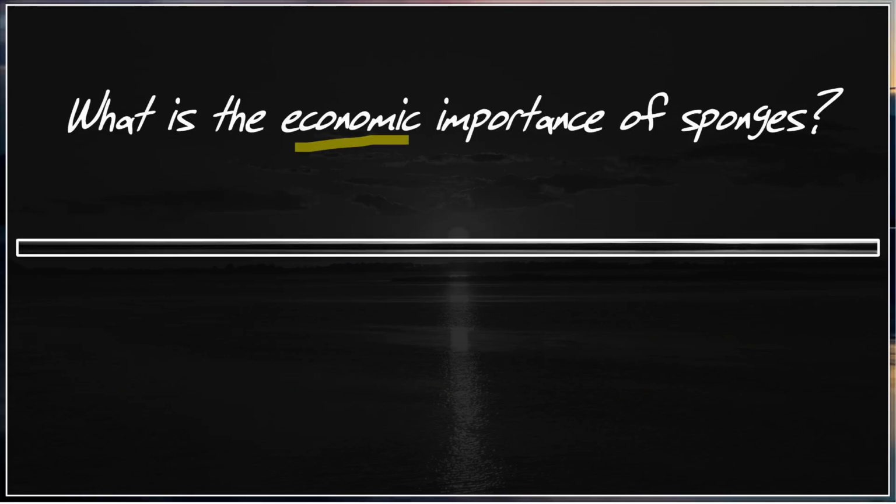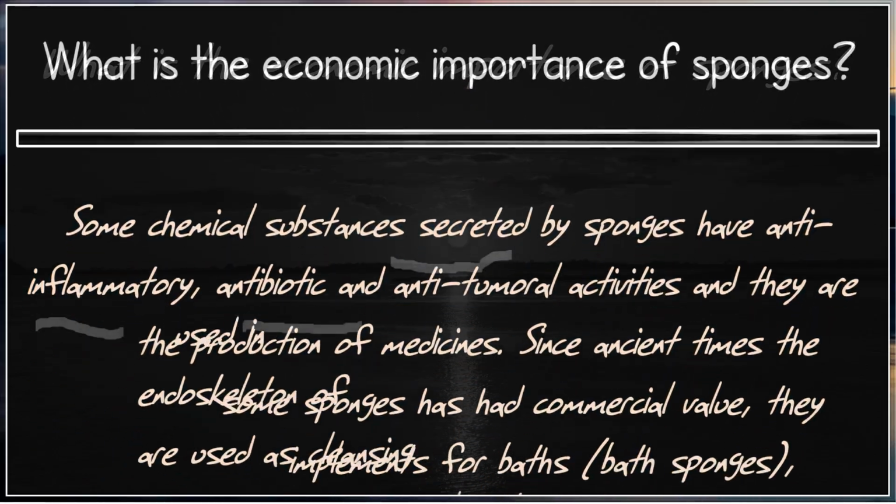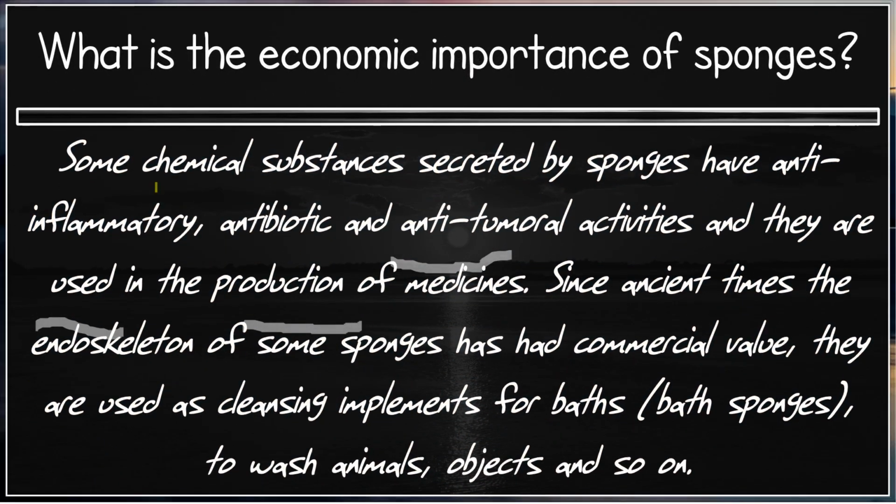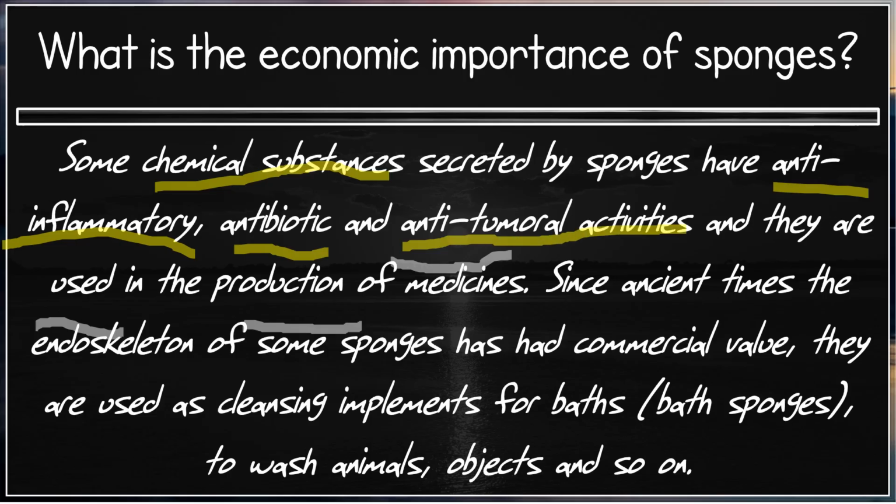What is the economic importance of sponges? Some chemical substances secreted by sponges have anti-inflammatory, antibiotic, and anti-tumoral activities, and they are used in the production of medicine.